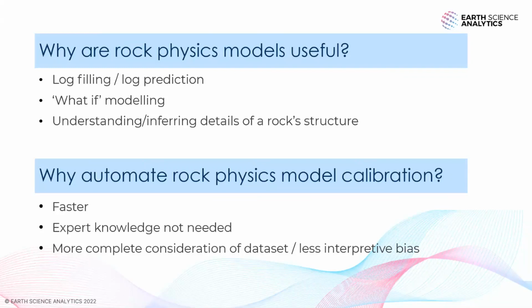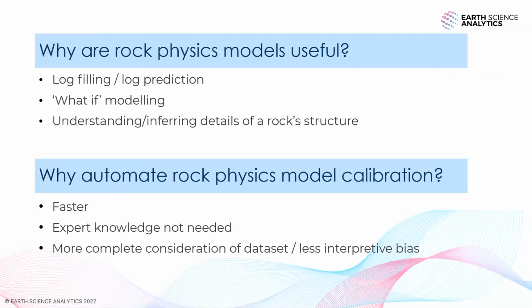And they allow us to infer details about the rock structure. So if we know that, let's say we're working with a sand, and the only way that we can get a sand model to fit that we know should be applicable to this particular sand we're looking at is to add a certain amount of cement or to change the sorting to a certain degree of pore sorting, then that by inference gives us information about the sand itself.